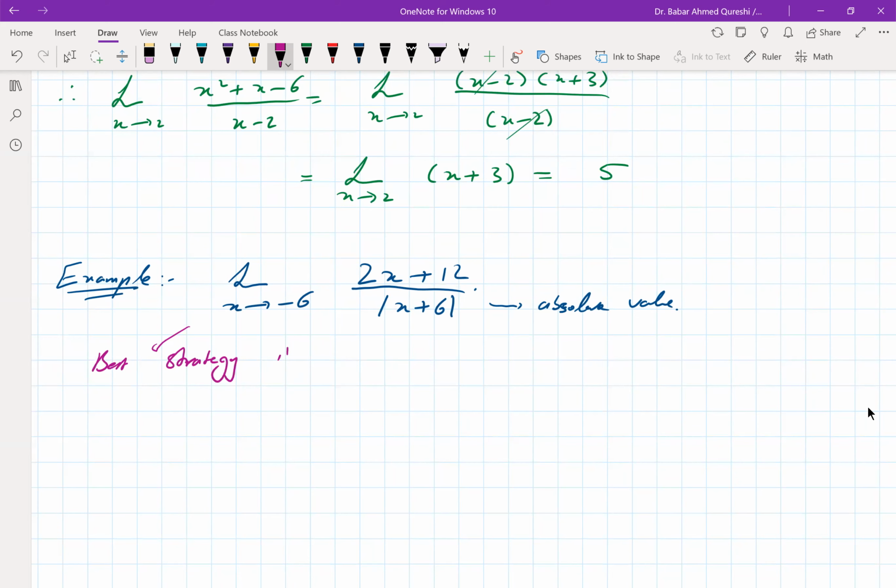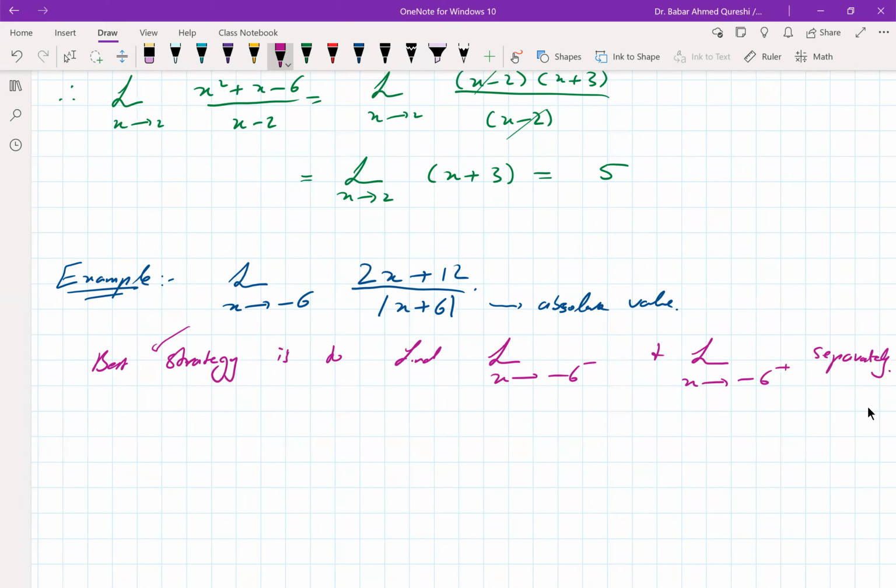to find the right-handed and left-handed limits separately. If the limit exists, then the right and left limits do exist and they're equal.